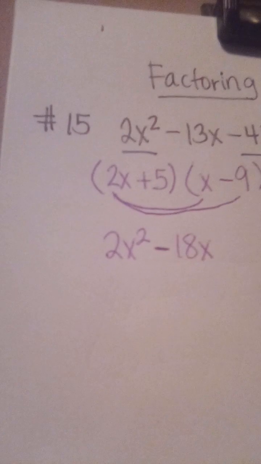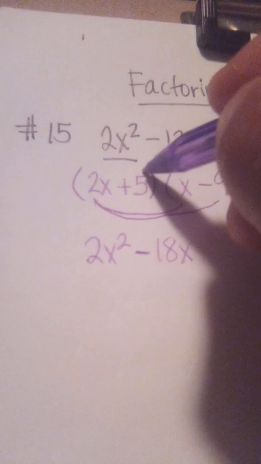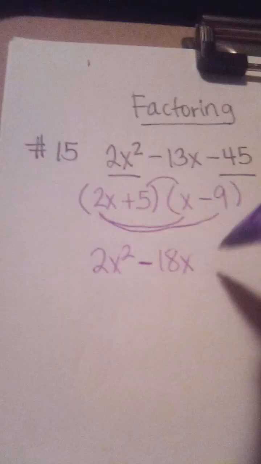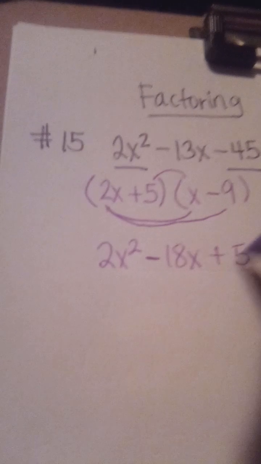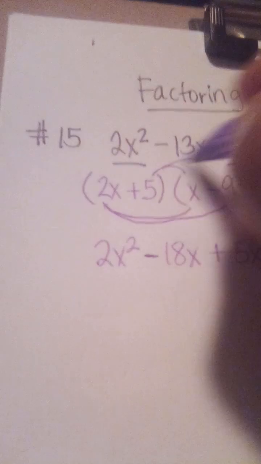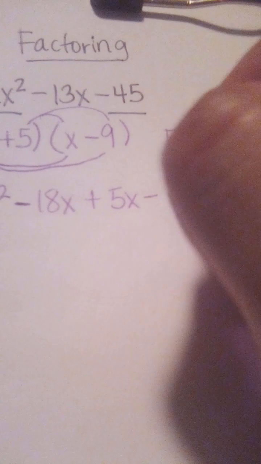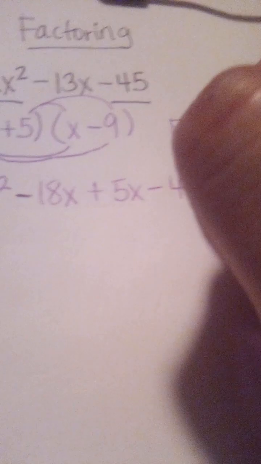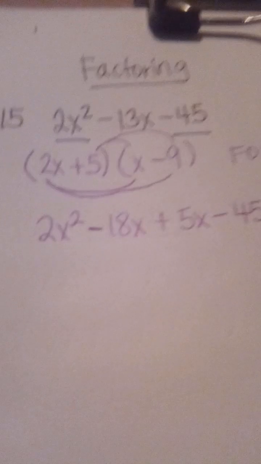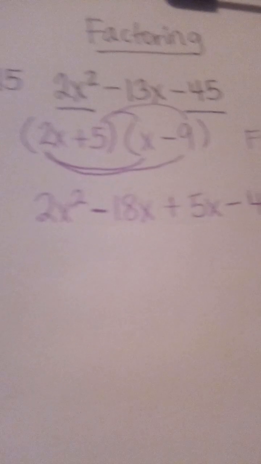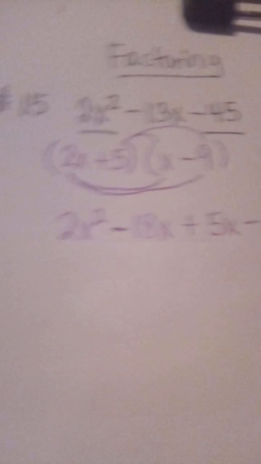Make sure you don't forget the variable. The inner, 5 times x is positive 5x. And then 5 times a negative 9 equals negative 45. Remember the signs: a negative times a positive equals a negative.